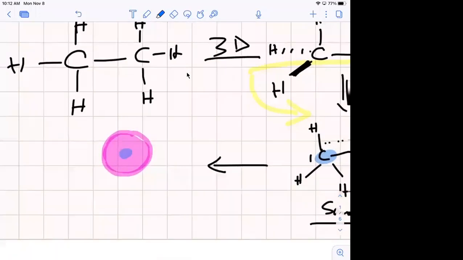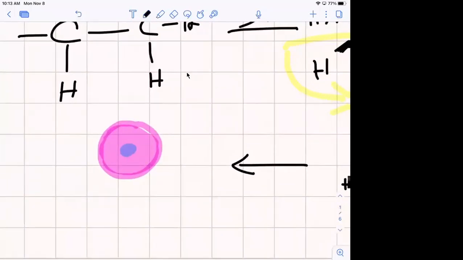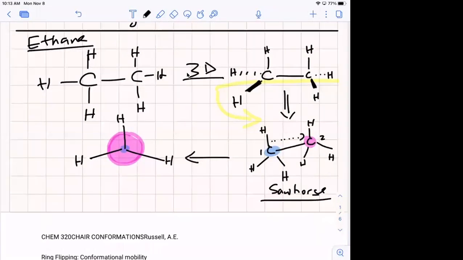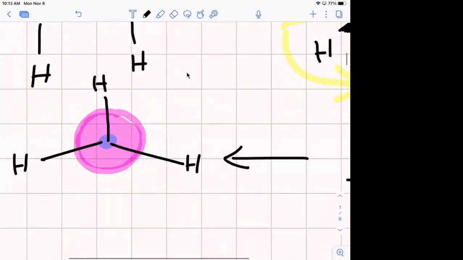So I'm going to put the hydrogens back in. On carbon 1, I have a hydrogen here, one here, and one here. And then on carbon 2, the back carbon, I have the same thing: a hydrogen here, one here, and one here.